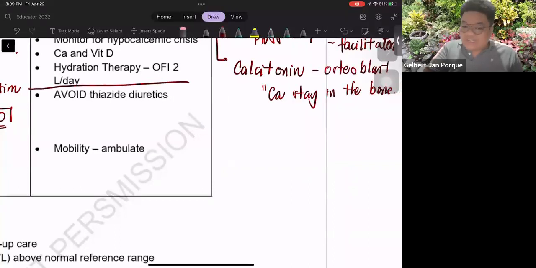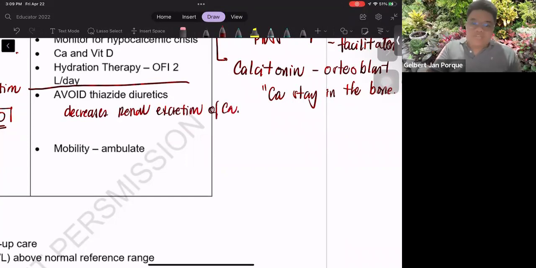Your thiazide diuretics class decreases renal excretion of calcium. In other words, class, hindi siya sa parathyroidectomy nato na, but for hyperparathyroidism in general. So class, kung nag-increase ng calcium levels naton, dugangan pa sang thiazide diuretics class, your patient would have severe hypercalcemia.